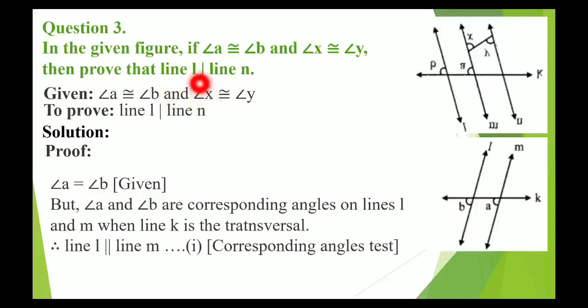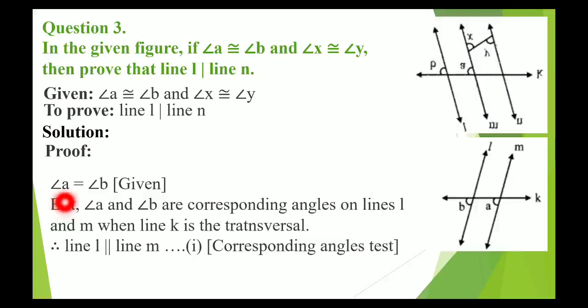Prove that line L is parallel to N. So we will write the given from the question. Angle A is congruent to angle B and angle X is congruent to angle Y. Prove that line L is parallel to line N. That is, this first line is parallel to the third line I have to prove.